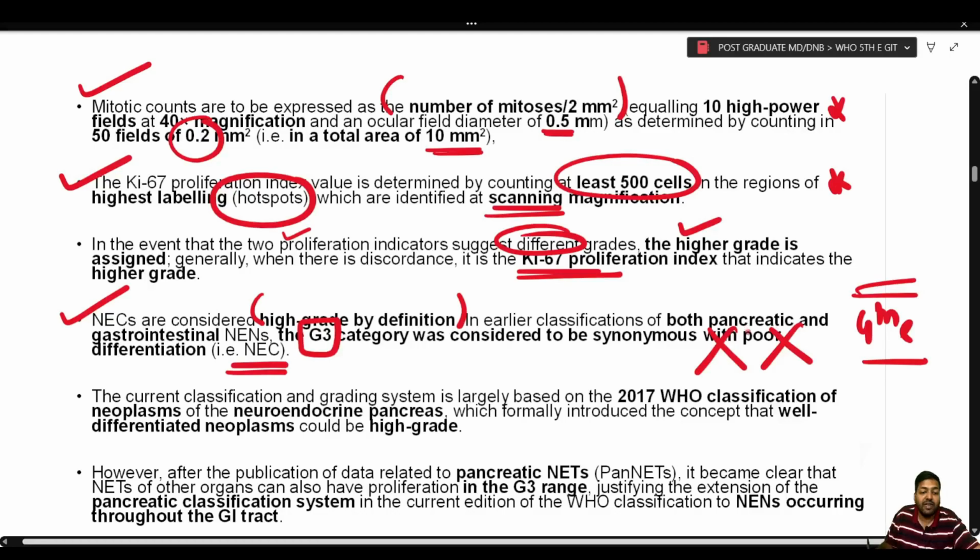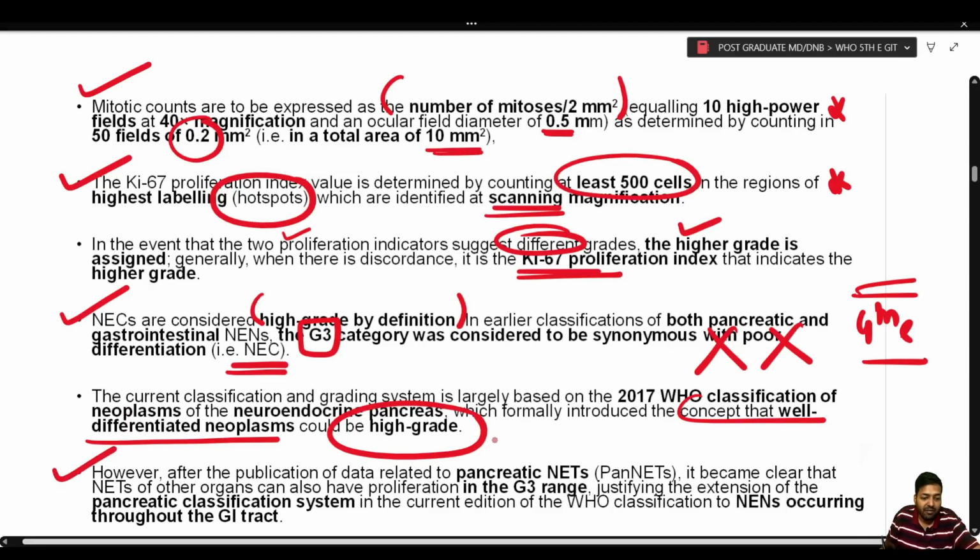The current classification and grading system is based on the 2017 WHO classification of neoplasms of the neuroendocrine pancreas, which formally introduced the concept that well-differentiated neoplasms could be high-grade as well. The high-grade well-differentiated neoplasms are not synonymous with the neuroendocrine carcinoma. So remember this point very clearly.